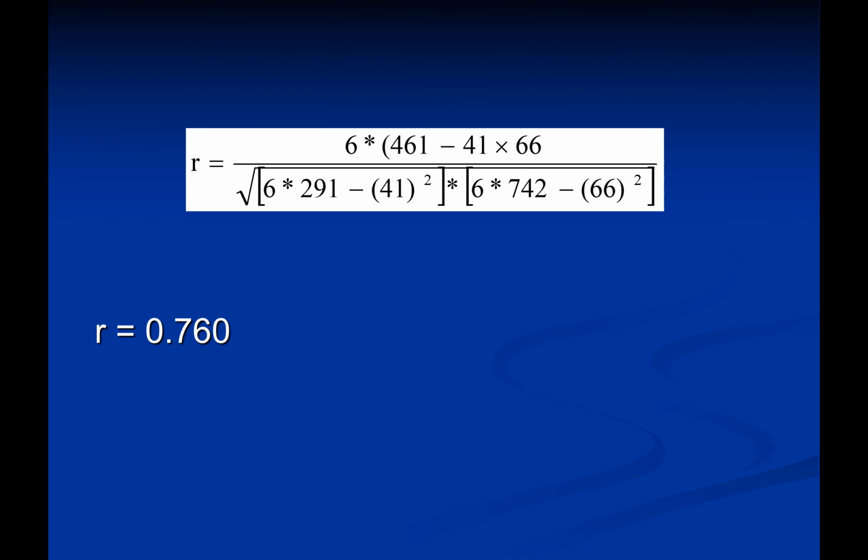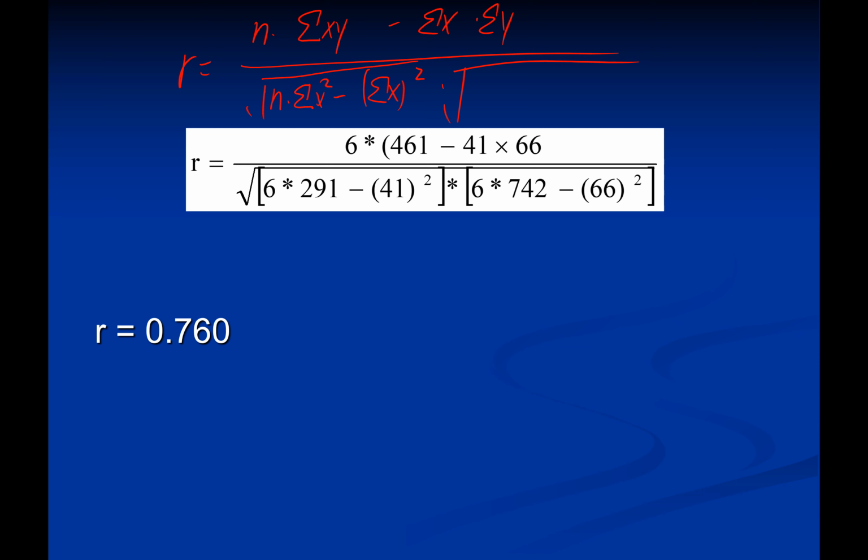Now just plug into the formula. We get n times summation of xy minus summation x times summation y, divided by the square root of n times summation x squared minus summation x, squared, times n times summation of y squared minus summation y, squared.